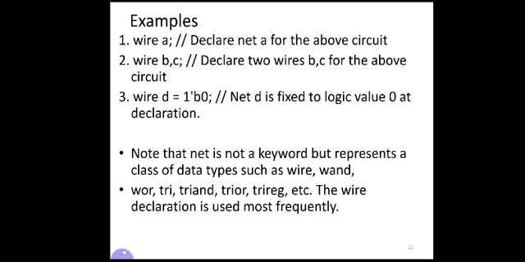Example: wire A. Wire is a keyword, A is an identifier. This declares net A for the above circuit, the AND gate circuit in which we had output A. Then wire B, C declares two wires B and C for the above circuit.